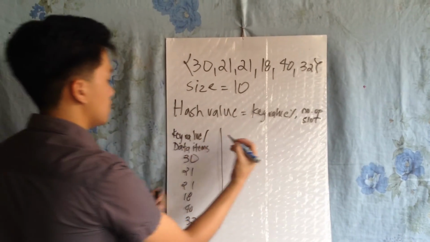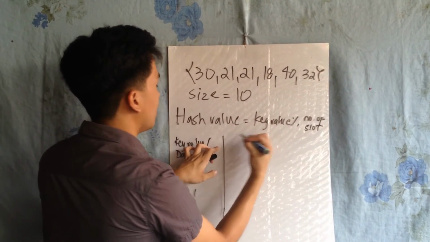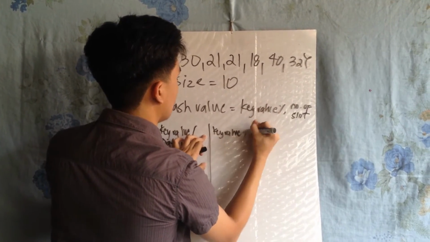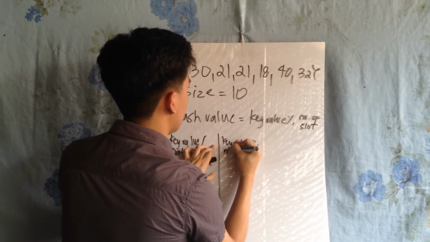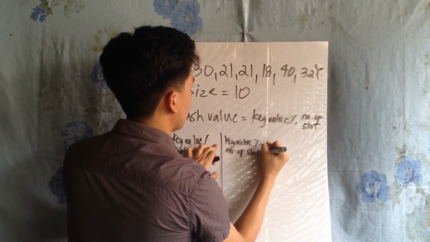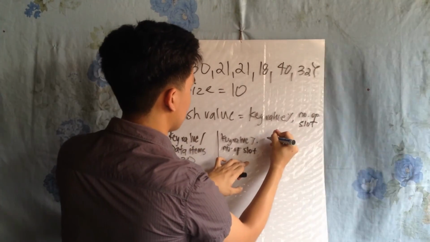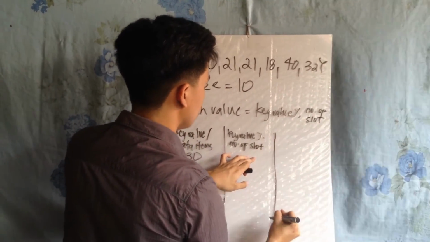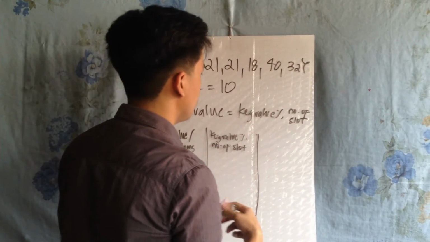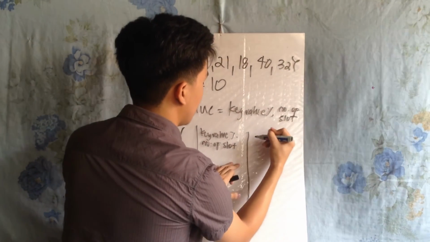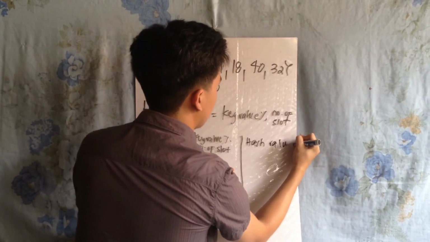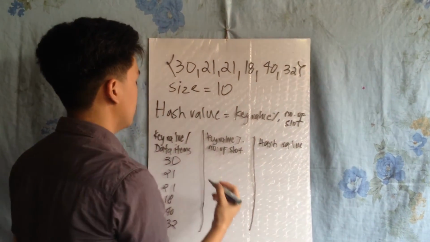And sumunod is yung computation natin na key value modulo number of slot. And then, sunod is dito na natin malalaman kung anong hash value ba ang ating key value.